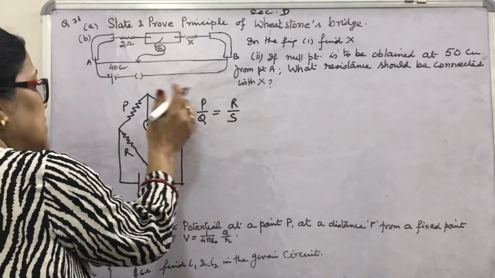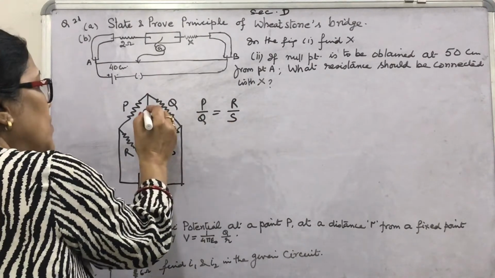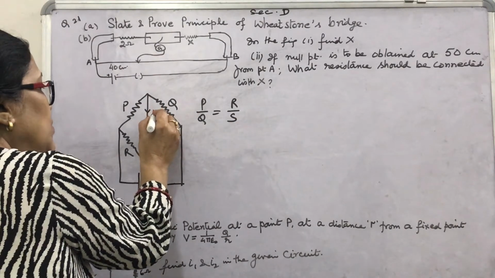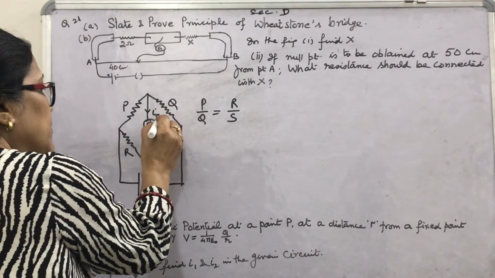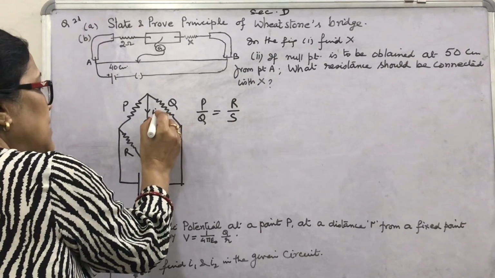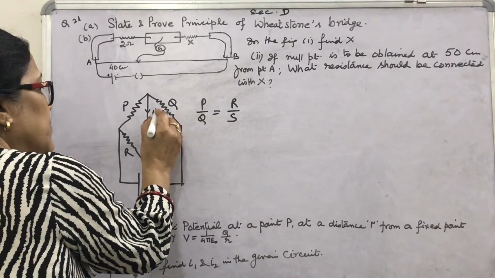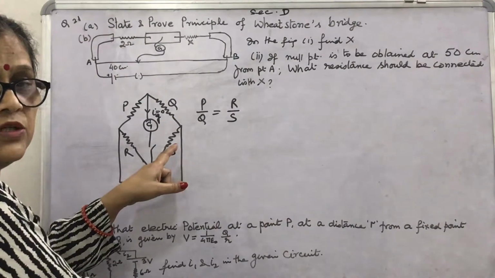This is true when the current through the galvanometer, Ig, is 0.